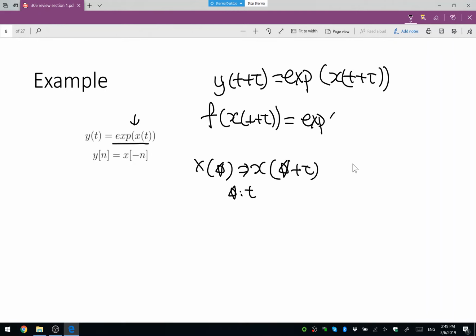So here I put exponential of x(t+tau), and I get the second output. Then I will see that the output of the first line, the first signal, is equal to the second signal. In the solution, I will write y(t+tau) equal to f(x(t+tau)).